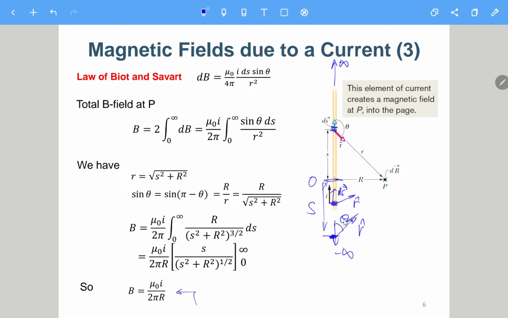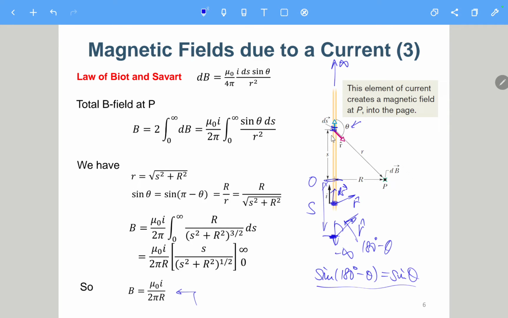Maybe I can just call it this way: this is theta, this is 180 degrees minus theta, and I suppose you should know this trigonometry identity, which is sine of 180 degrees minus theta equals sine of theta.